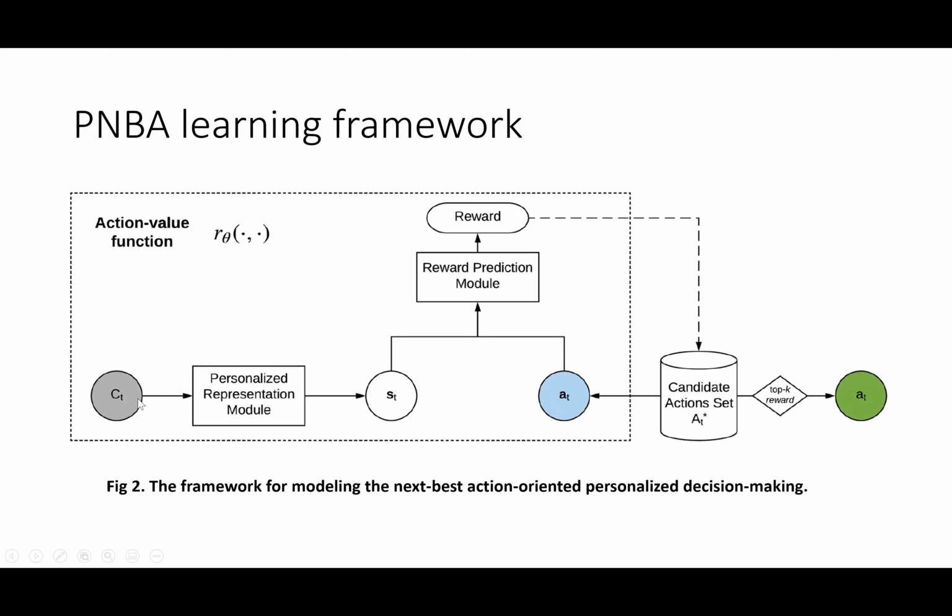So given a customer, there's a customer's circumstance, so we can build a representation for that, and then we learn a state of that customer, and then for the action or candidate action, we build an action representation, and then we want to focus on learning the interactions between the customer state and the action.